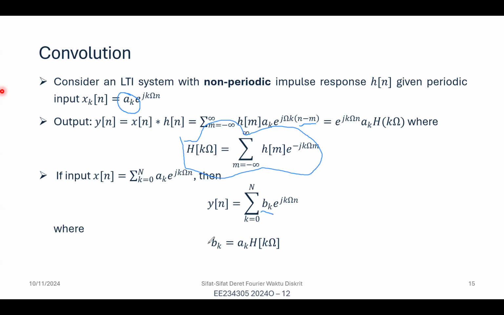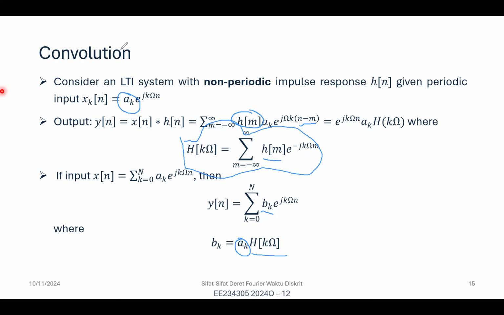The relation is ak, the coefficient of the input, times H(k omega), which is again formed by summing hm times e to the power of minus jk omega m.